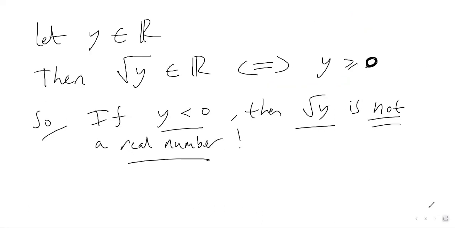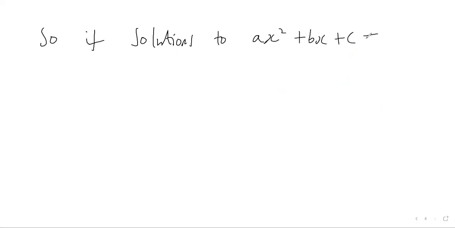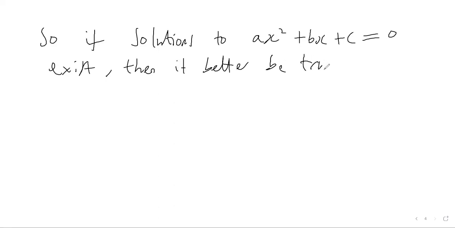So let's make a point of this on a new slide here. If solutions to this equation ax squared plus bx plus c equals 0 exist, then it better be true that b squared minus 4ac is greater than or equal to 0.